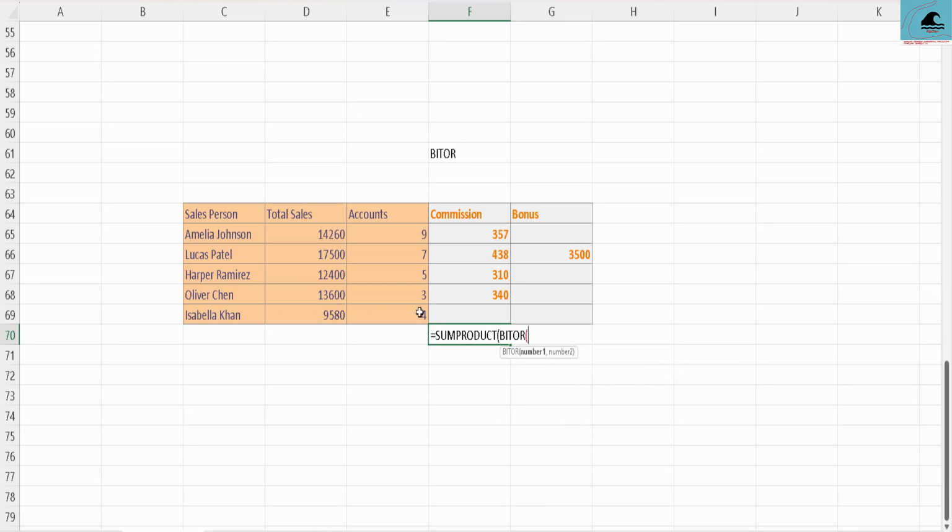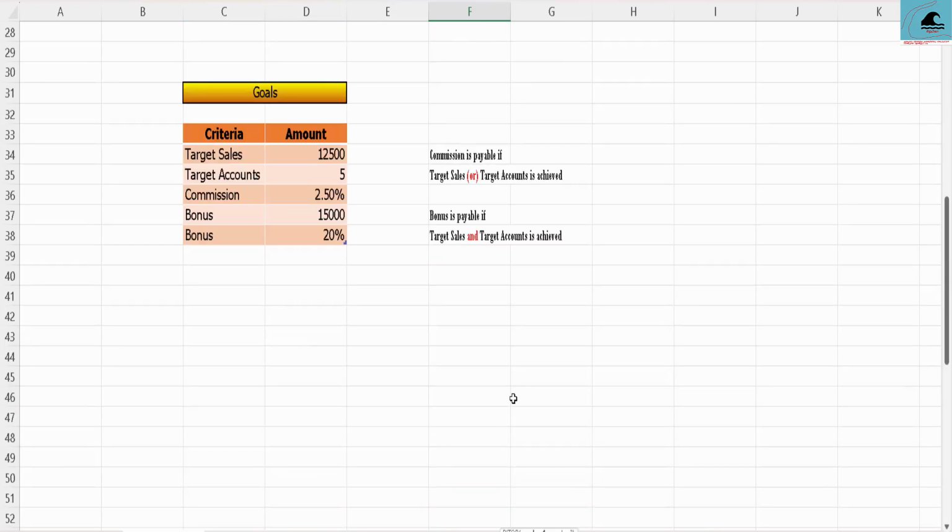In that, the first condition is whether the total sales exceed or equal the target sales of 12,500.